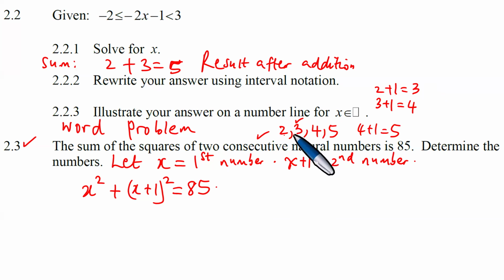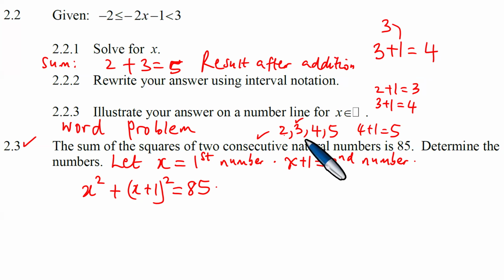If 3 is one natural number, the next natural number after 3 is 3 plus 1, which is 4.